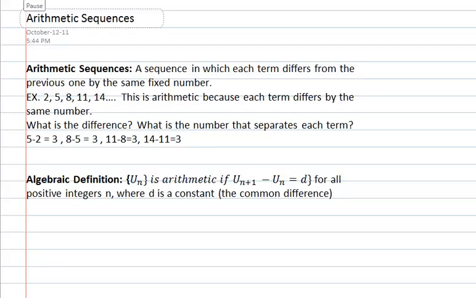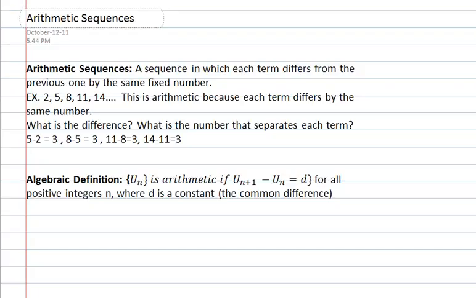So you see that u_(n+1) would be the term that comes after the term you're talking about. So if I was talking about term number 3, I would say, well, term number 4 minus term number 3 would equal d. So in this case, d has to be a constant. It's that same difference that you see throughout all of your terms.